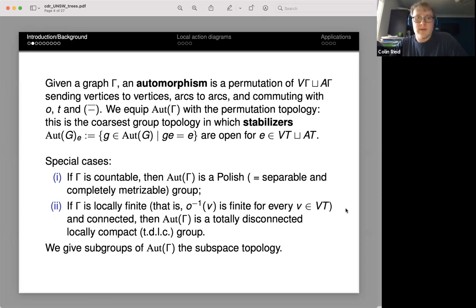The class of topological groups that I'm most interested in are totally disconnected, locally compact groups. And we get one of those if the graph is locally finite. Yes, it's locally finite and connected. Locally finite means that every vertex has finitely many arcs going into it or coming out of it.